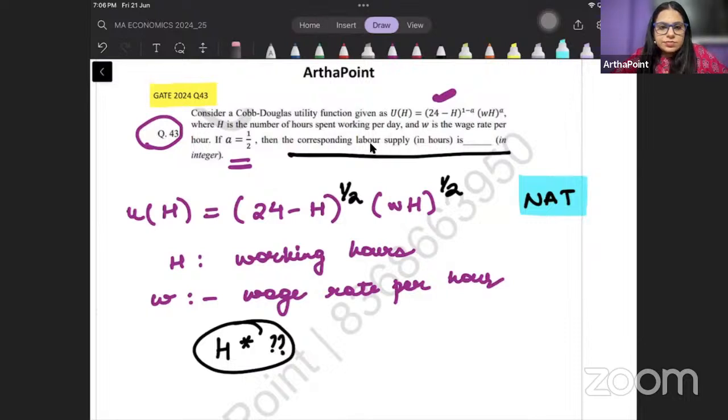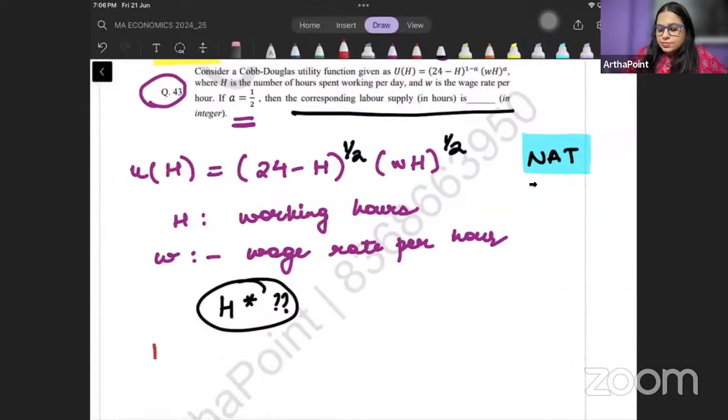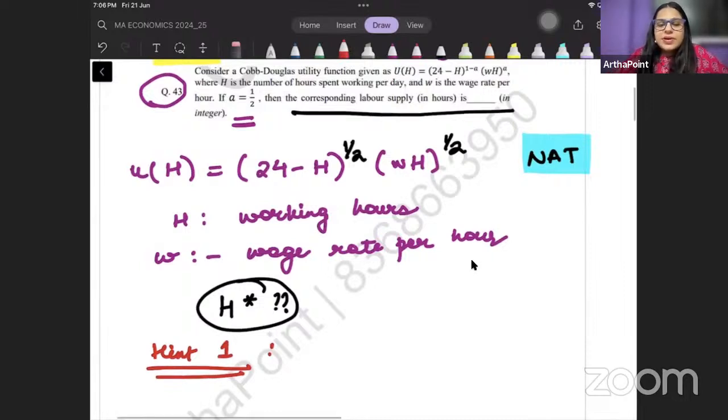Anyone? Hint number 1. Good. The budget line of this equation can be written as Pc into C is equal to WH.